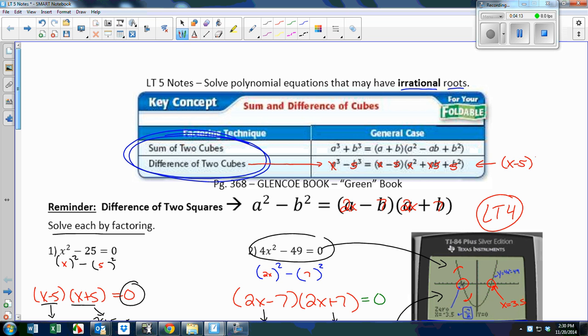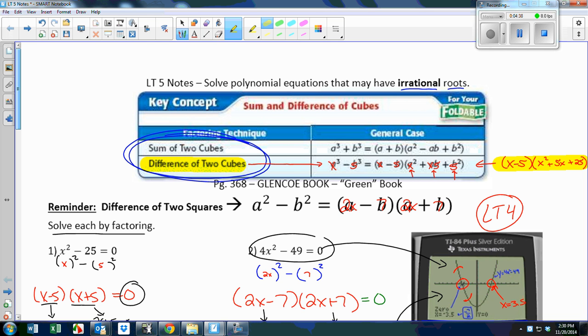The second parentheses is a trinomial, and the first thing it says is square your a, so x squared. The middle says a times b, which was x times 5, or 5x. And the last thing says square your b. So square the 5, 25. That is the only new thing for today, using the formula difference of two cubes.